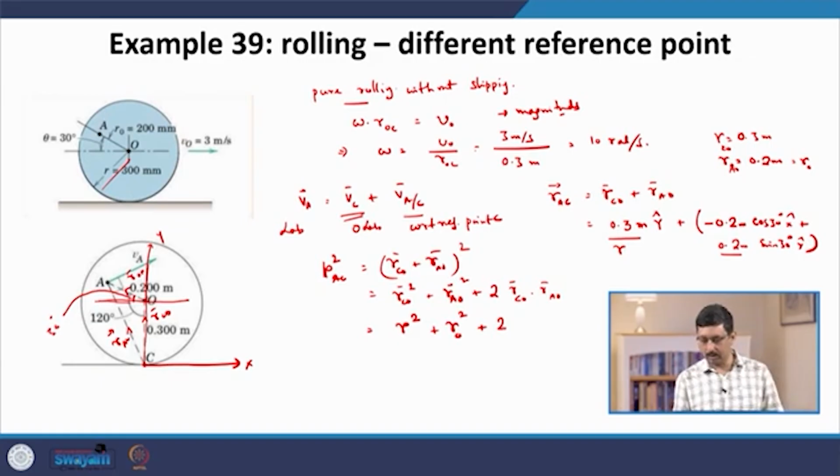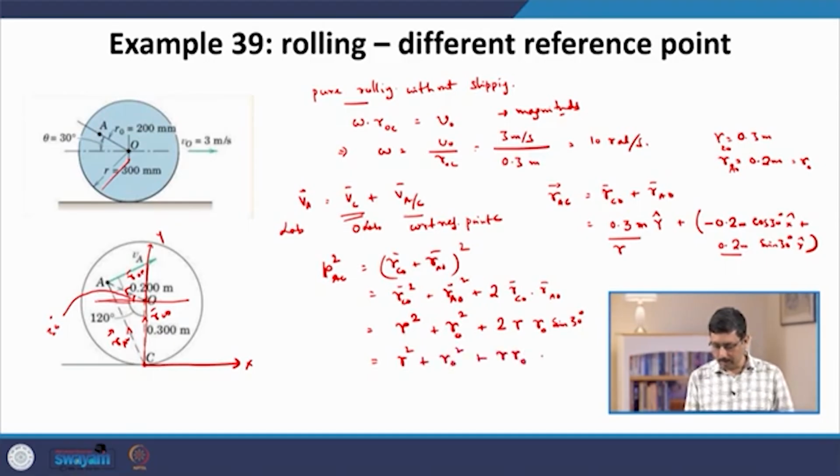If we take the dot product between these two, only the y component will survive. So, we have 2 R times R naught sin 30 degree, which is half. So, we have R square plus R naught square plus R R naught.